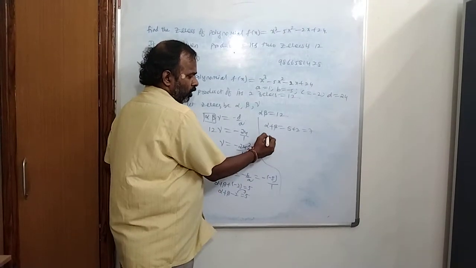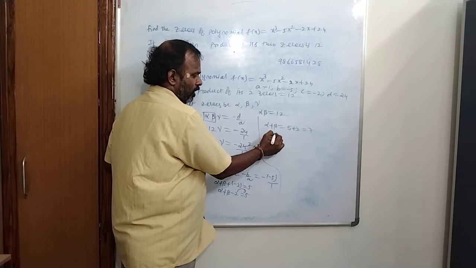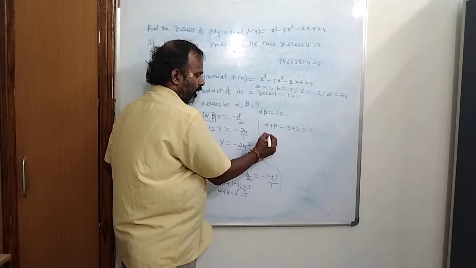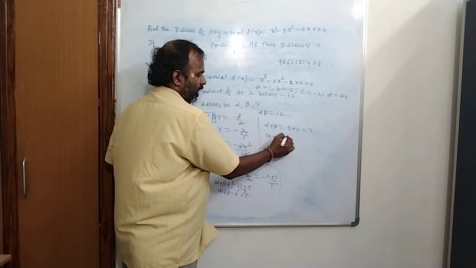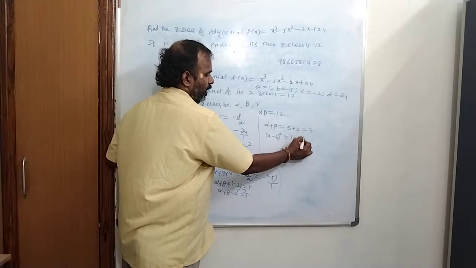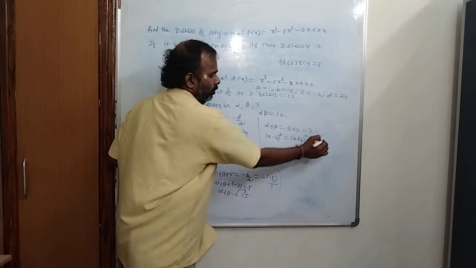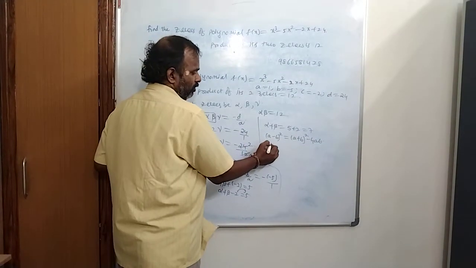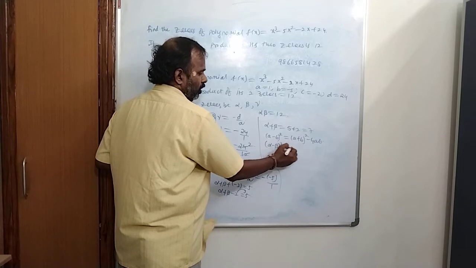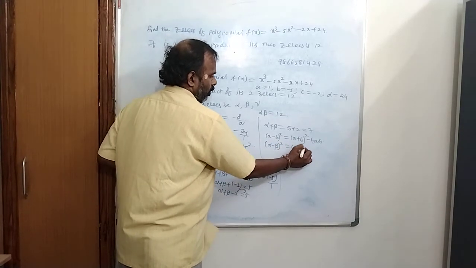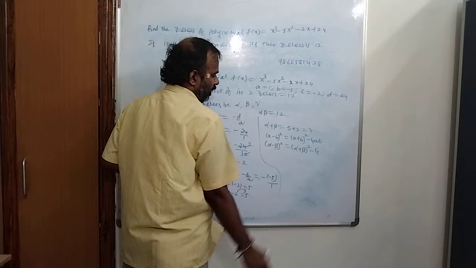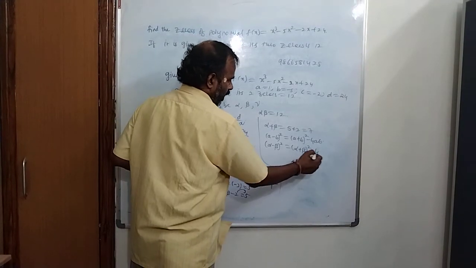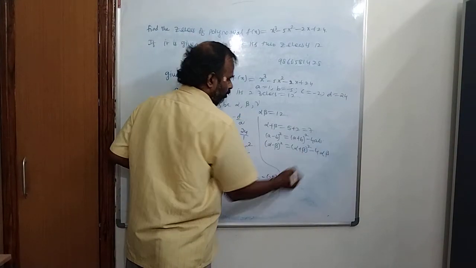So here we have one formula in algebra: (a minus b) whole square is equals to (a plus b) whole square minus 4ab. So here (alpha minus beta) whole square is equals to (alpha plus beta) whole square minus 4 alpha beta.